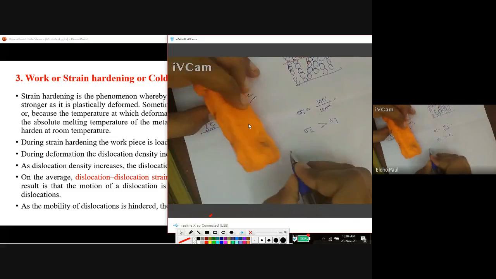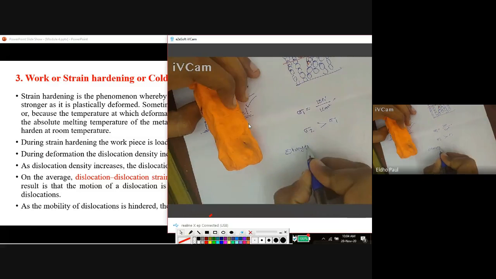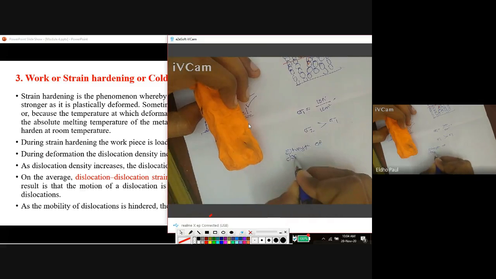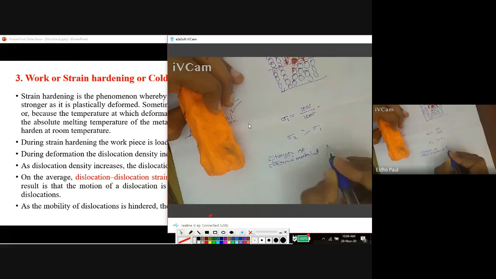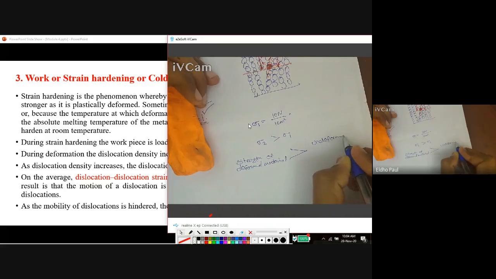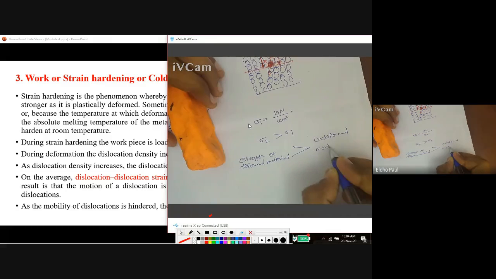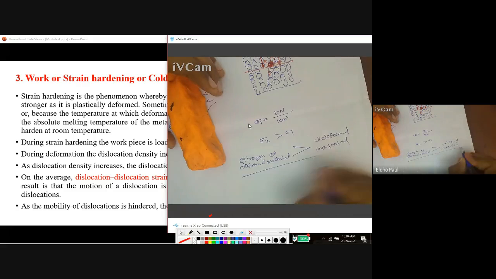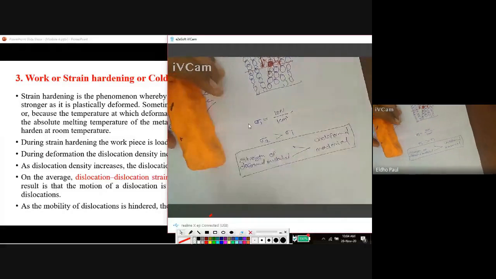So the strength of deformed material is higher than that of undeformed material, and this is called strain hardening or work hardening.